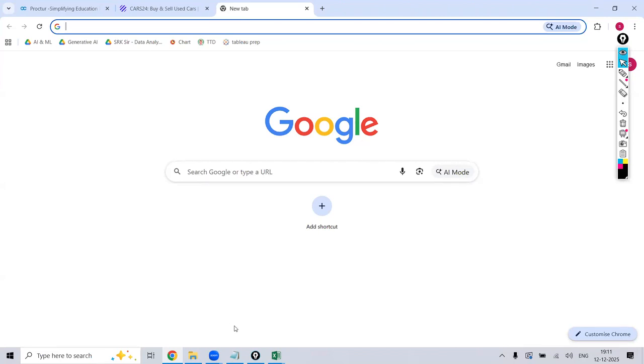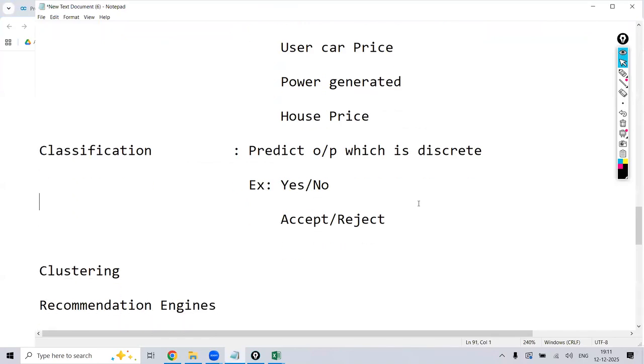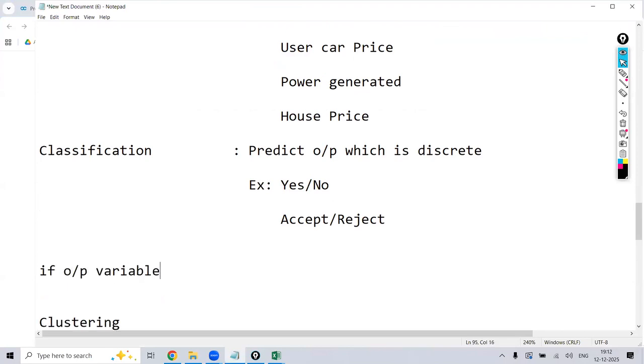Okay. Similarly, sir, if the output variable has only two categories, like yes and no, accept and reject, only two categories, it is called a binary classification project.